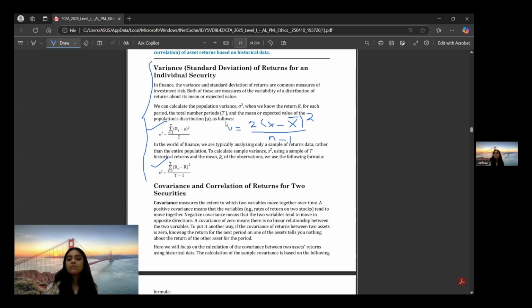So this is the simplified version of this formula. Or another simple thing that you can do is it is the square of standard deviation. That's it.